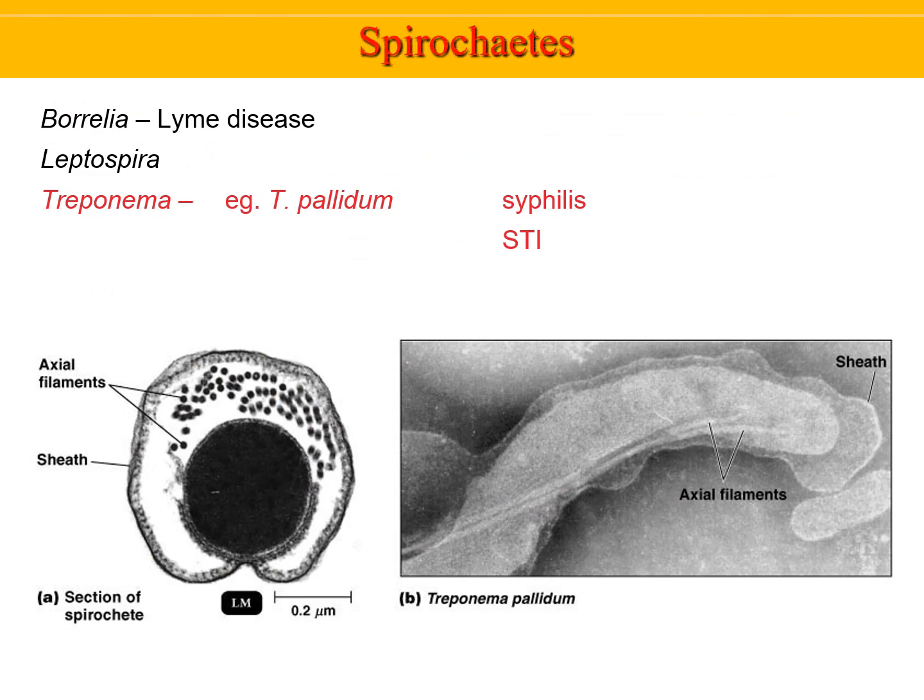This is an important organism. The genus is Treponema. The species member is Treponema pallidum. It is the cause of syphilis, a sexually transmitted infection. So far, we've talked about several organisms that cause sexually transmitted infections, including Neisseria gonorrhoeae, non-gonococcal urethritis caused by Chlamydia trachomatis, and here Treponema pallidum, which causes syphilis.